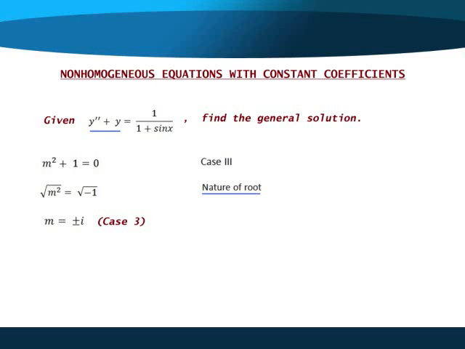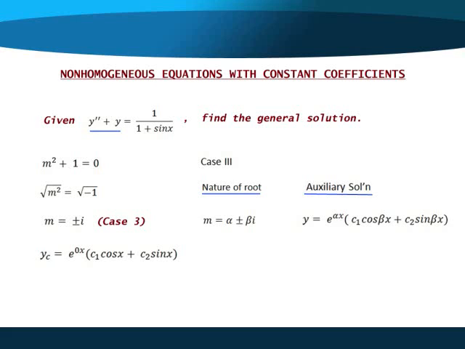If the nature of the root is of the form alpha plus minus beta i, the corresponding auxiliary solution would be y equal to e to the alpha x, this term multiplied by c1 cosine beta x plus c2 sine beta x. In this case, we have 0 as our alpha, and e to the 0 is just equal to 1. So we are left with yc equal to c1 cosine x plus c2 sine x.